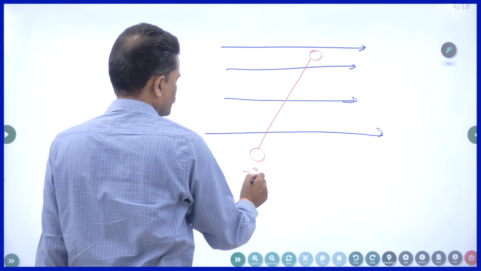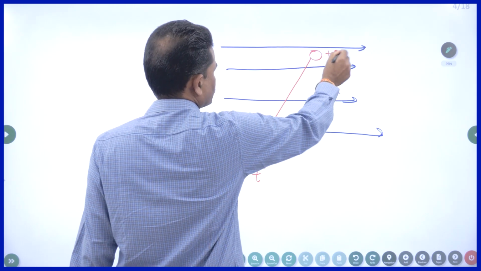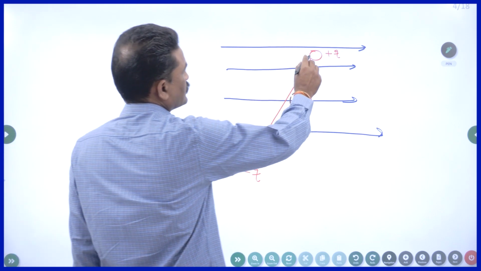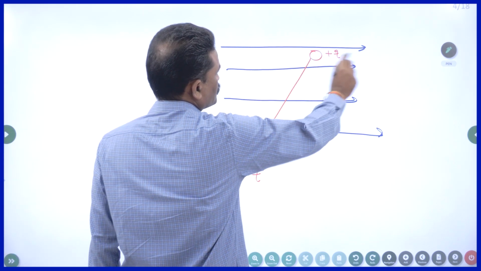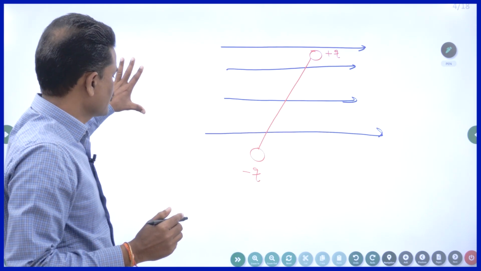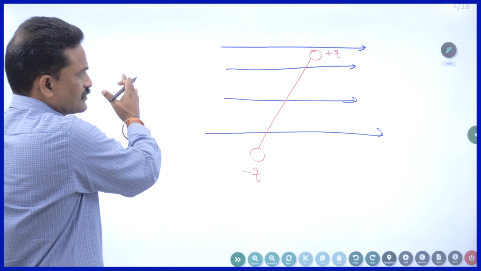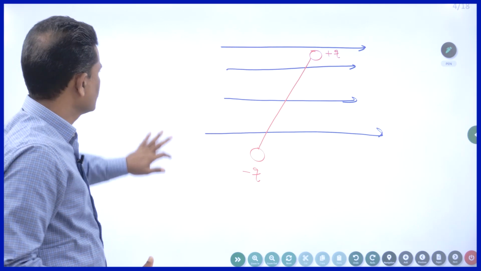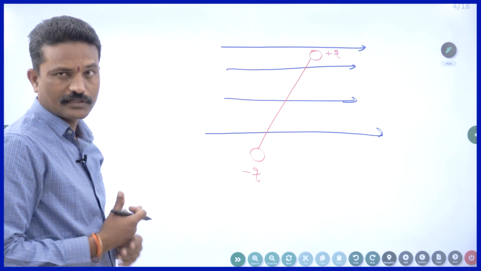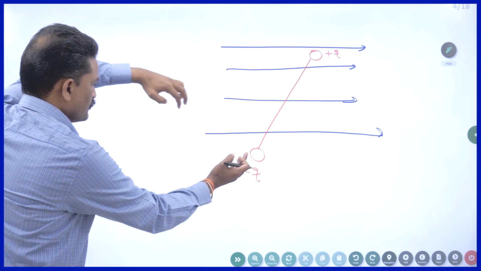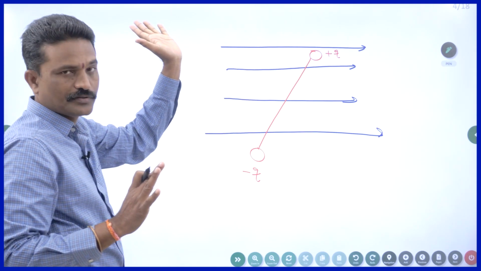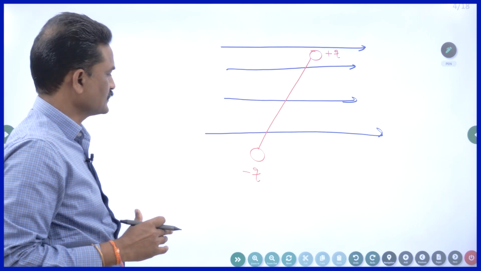So, this is minus Q and this is plus Q. So, this plus Q is pulled towards this direction and this minus Q is pulled towards this direction, because electric lines are coming from positive charge and going towards the negative charge. That means there is a big positive charge on this side and a big negative charge on the other side. So, positive charge pulls this toward this and negative charge pulls the positive Q on the other side, right.